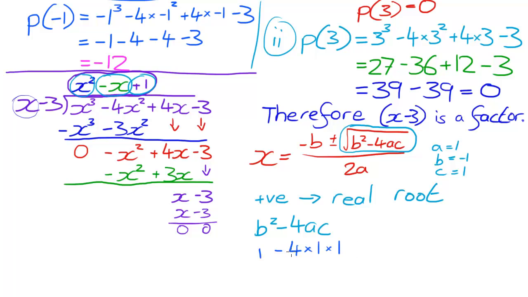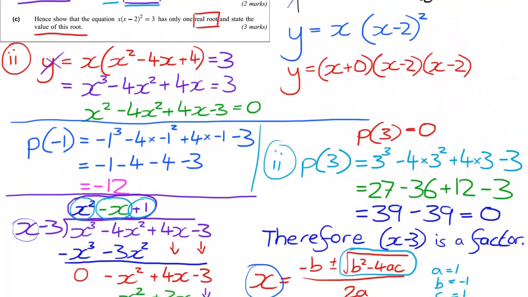So that's going to be 1 minus 4. So that's equal to minus 3. Minus 3 is, I know it's kind of obvious, minus 3 is less than 0. Therefore, this quadratic here has no real roots, because you have no answers for x there. It's not a real root, it's a complex root.